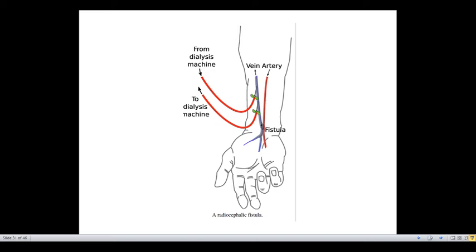The figure shows the wrist of a patient, and you can see the connections are made between the dialysis machine and the vein of the patient, from dialysis machine to the vein and from the vein to the dialysis machine. You can also see an AV fistula in the wrist.